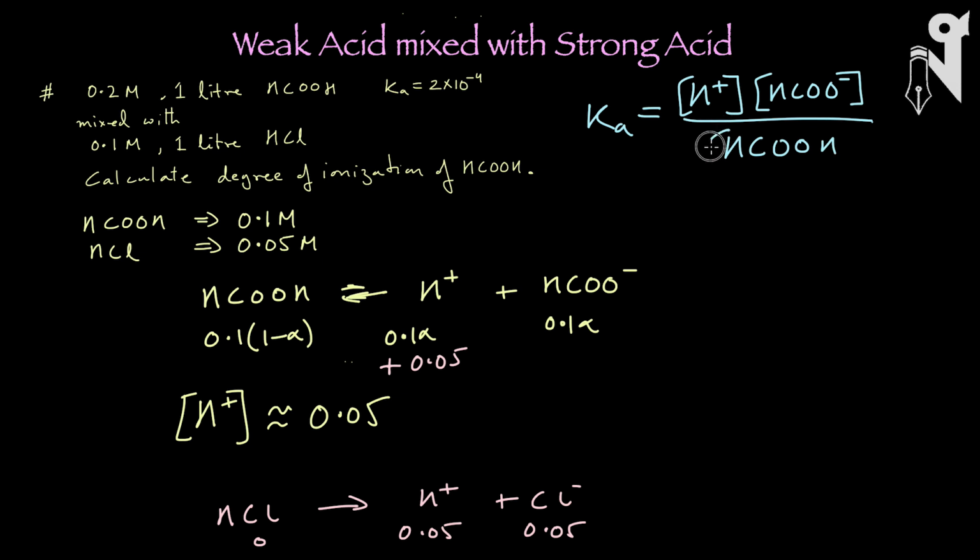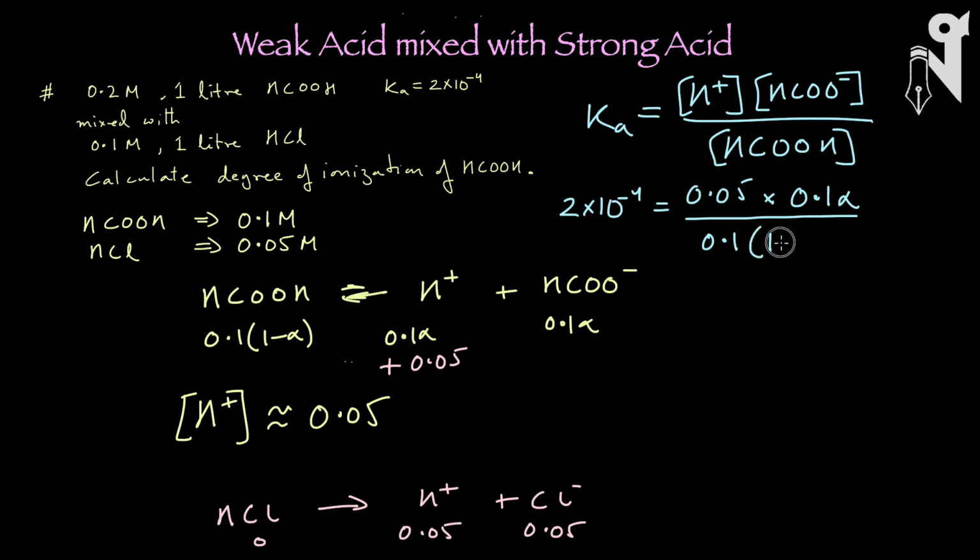H plus concentration is pretty much what is being supplied by the strong acid, and your formate ion concentration is 0.1 times alpha, and alpha is what we need to find, divided by the formic acid concentration at equilibrium, which is 0.1 times 1 minus alpha. Now alpha itself, when there was no common ion, was 4.5%.